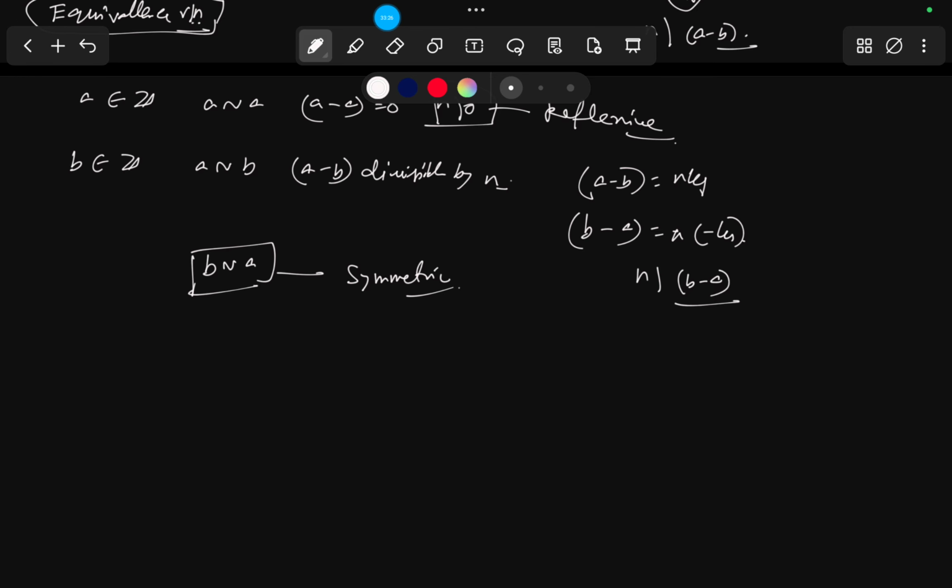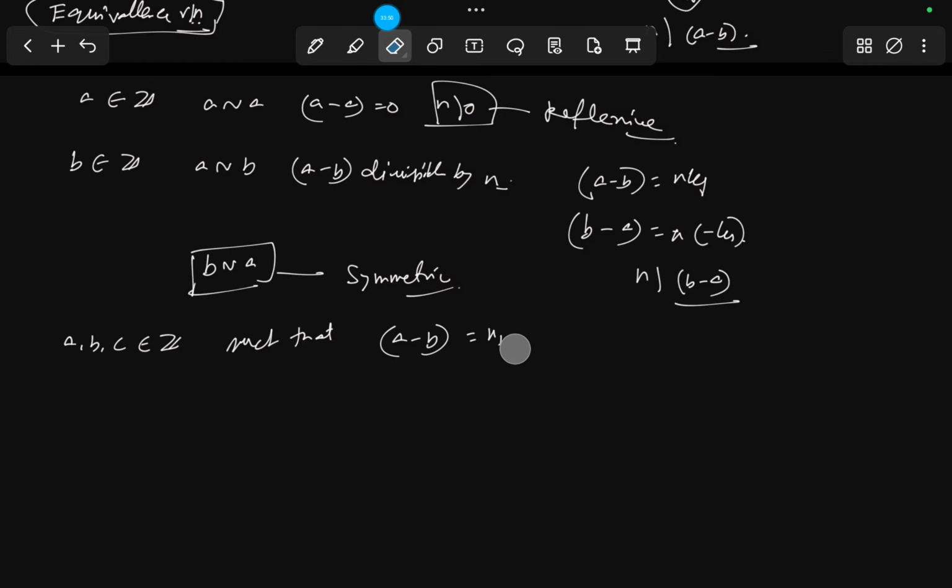And also if we take a, b and c belong to Z, such that a minus b is basically nk1 and b minus c is nk2, that means a is related to b and b is related to c.